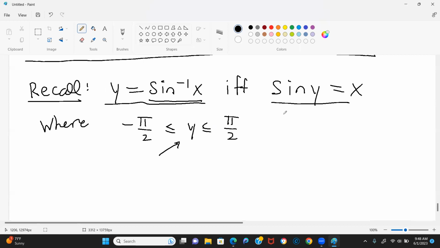So now we're going to implicitly differentiate this, which is exactly what we did with the log function.